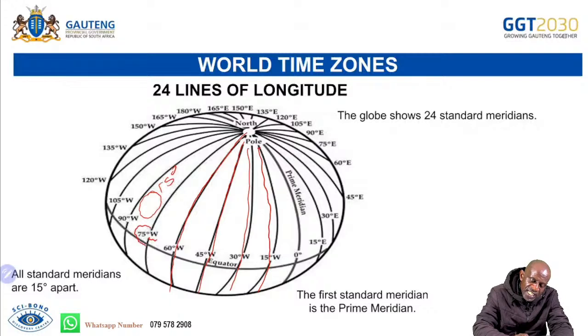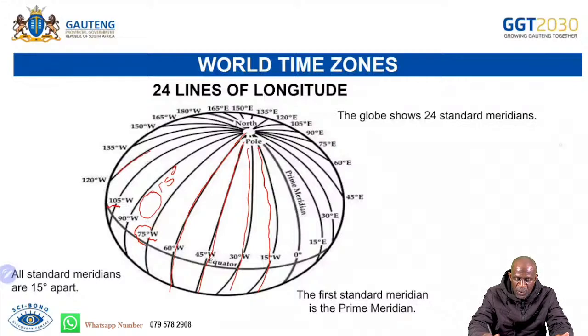So this 15 degrees, we said, is equivalent to 1 hour. And as you move to the next one, you can see 15 has been added to the 90. This line of longitude is known as the 105 line of longitude west. And if you add another 15 to arrive at this line of longitude, it's 120 degrees west.